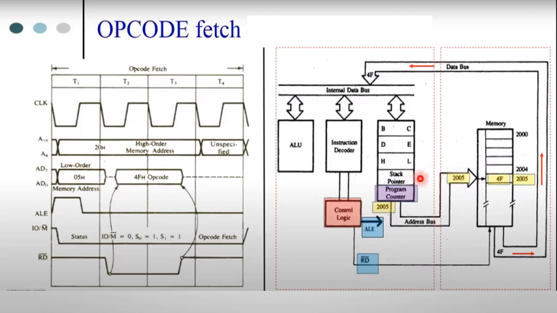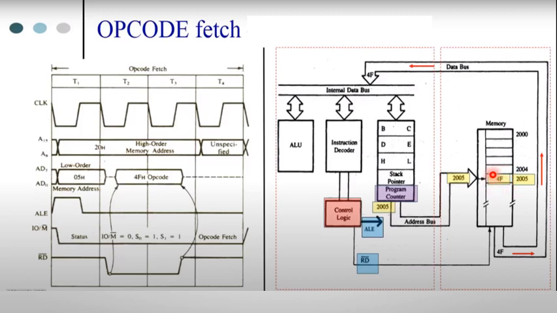We all know that the program counter's duty is to locate the next instruction to be executed. So the 2005 address location is pointed out by the program counter, and that address will be sent out through the address bus first. Then, after getting this address, the microprocessor has to take the opcode.